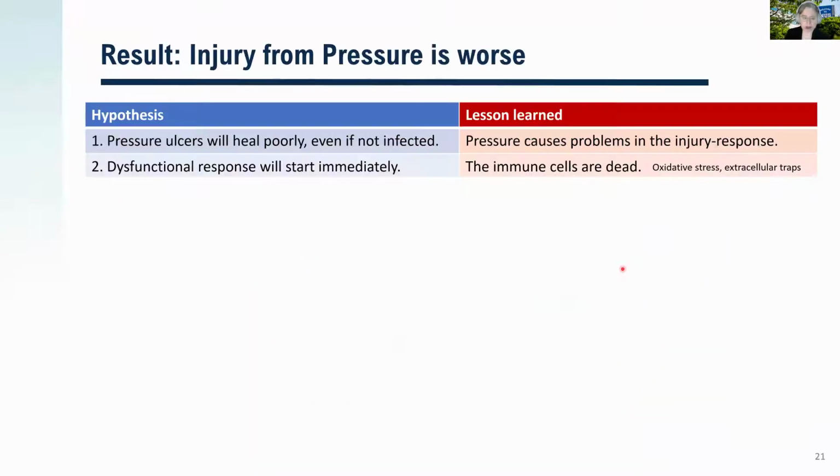So the lessons we've learned so far is that pressure is causing problems. You don't need comorbidities and complications. And secondly, that the immune cells are dead. Other markers that we see in the area of death are incredibly high levels of oxidative damage.